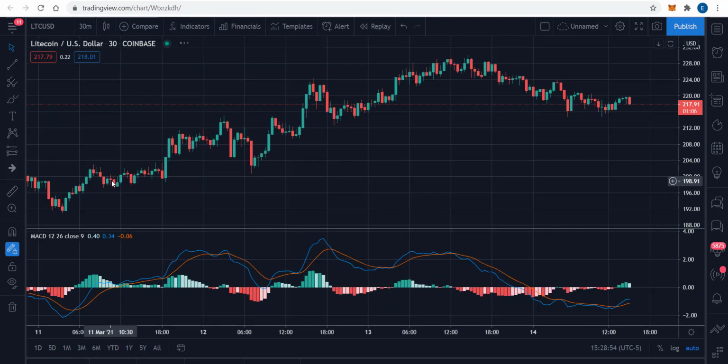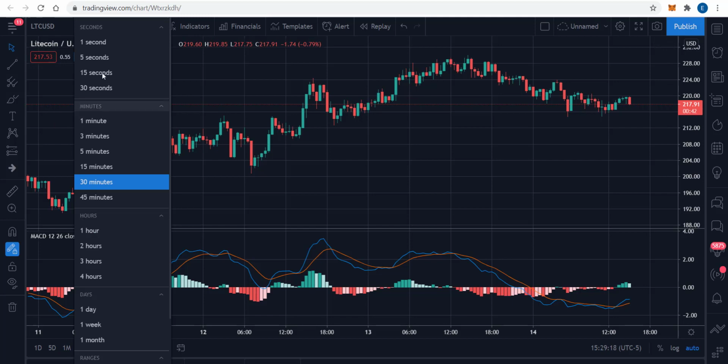Let's look at the 30-minute. So the 30-minute, we do see that crossover that I was just mentioning, below the 0 line. So you're in the oversold category, but I still want to see that blue line head closer to 0 and start to go positive before I'm really going to go in with a strong buy for this.